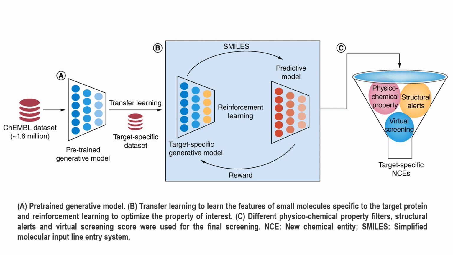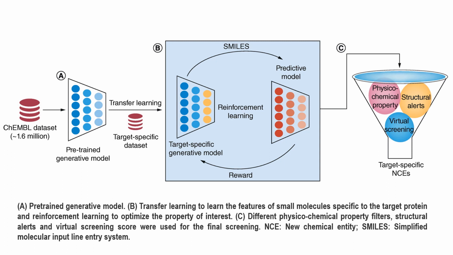You have trained a machine learning model using a huge amount of data, and it is now a generic model. Now through transfer learning, you are training this model to become a target-specific generative model. Understand? Using small available data for diabetes treatment, you are fine-tuning or skewing the pre-trained model, and this is called transfer learning, because we do not have a huge amount of data for diabetes-type molecules, for example.